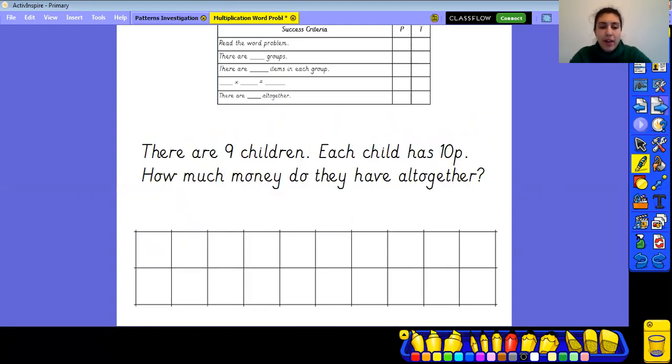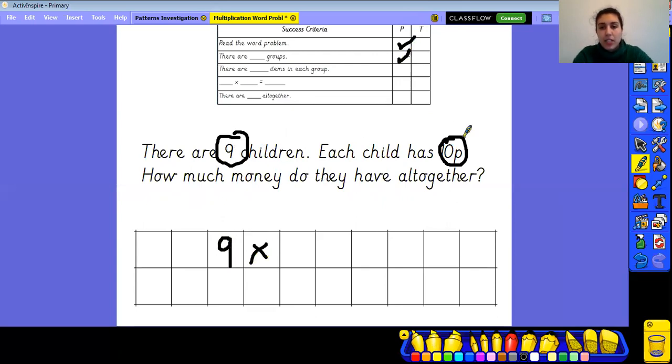Okay, this time I don't have anything pictorial at all to help me. So there are 9 children. Each child has 10 pence. How much money do they have all together? So I've read the word problem. I've identified that there are 9 children. So that means there are 9 groups. We've got 9 groups of.